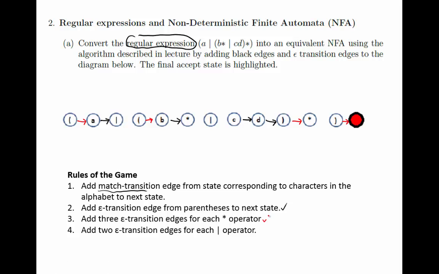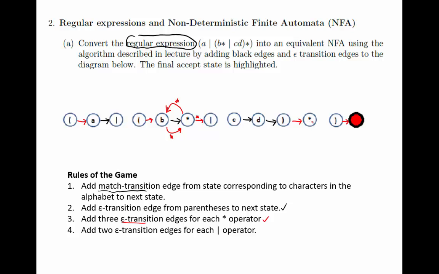Next, we have 3 epsilon transitions from each of the star operators. So this is the easiest one. I'm going to go this way, this way, this way. Star means that you can have 0 or more. These are the things corresponding to the star operators. There's another star thing here.